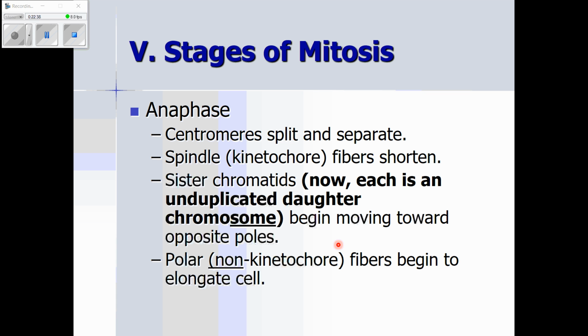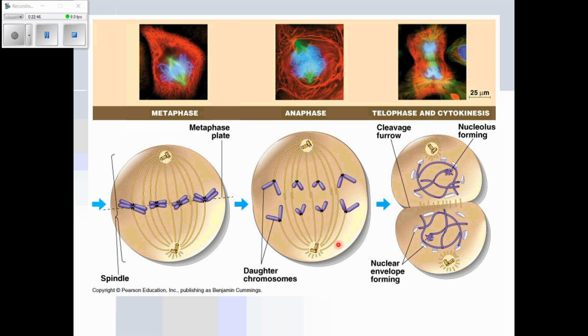Anaphase is also interesting because of a little technicality that affects the number of chromosomes. Let me go back to the picture. So if I was to ask you to look at the metaphase cell and count how many chromosomes you can see, that would be 1, 2, 3, 4.